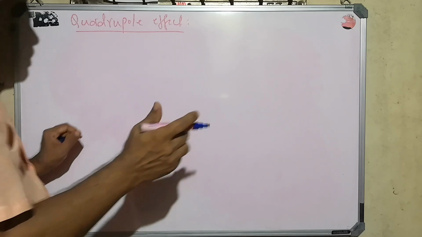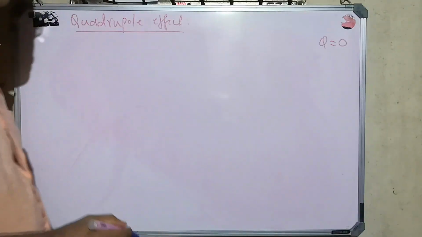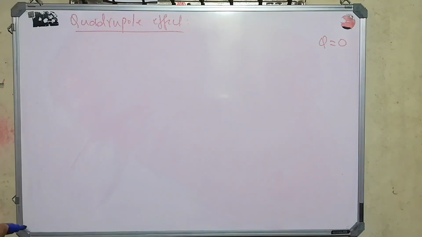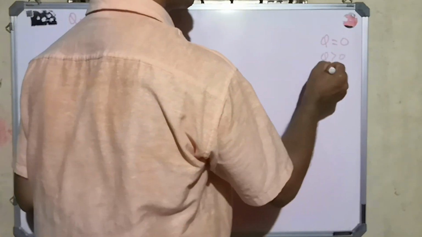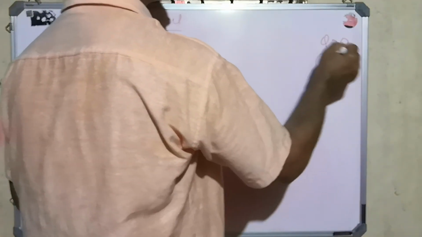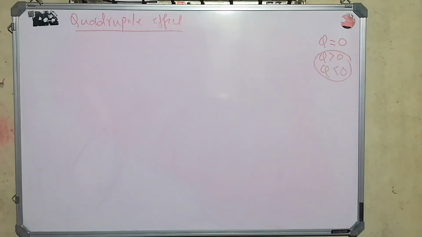If quadrupole moment Q is equal to 0, then the nucleus is spherical in shape. But if Q is greater than 0 or less than 0, then it is ellipsoidal in nature.